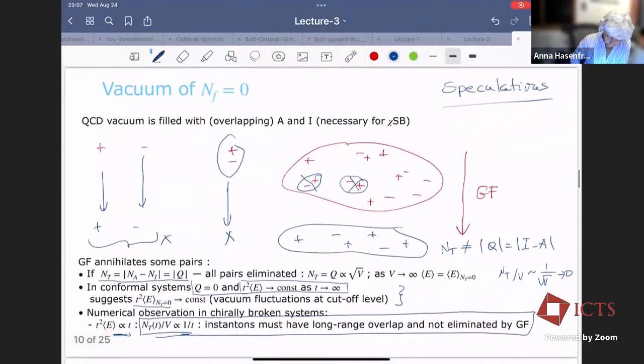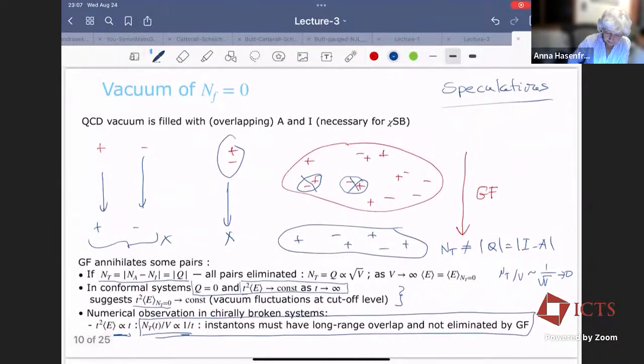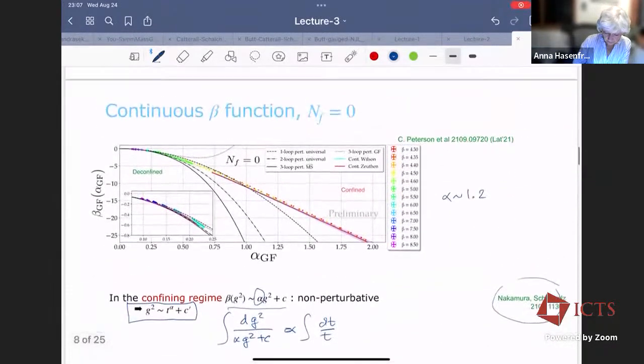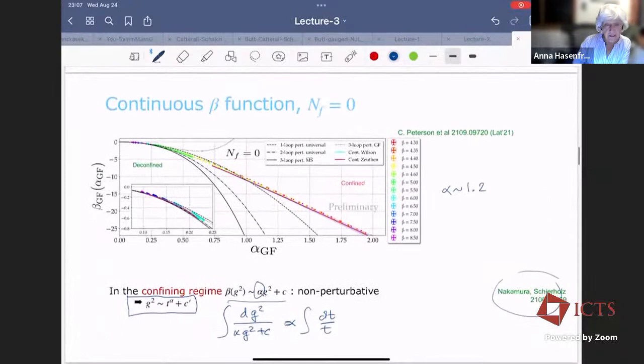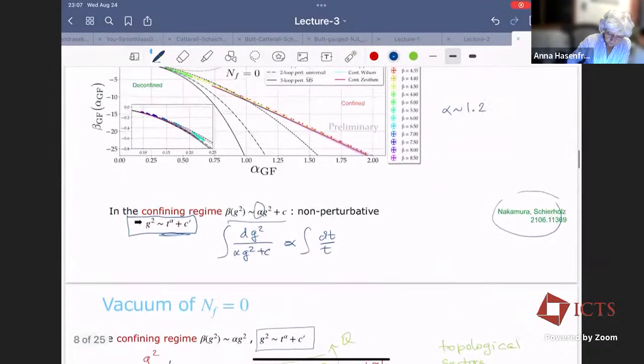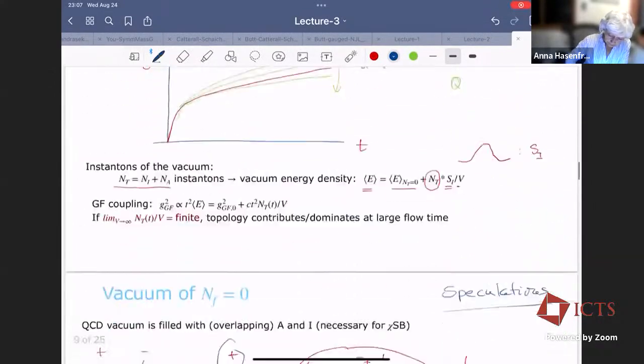so again, this entire discussion comes from the observation that the beta function had a very unexpected, non-perturbative linear behavior that suggested a constant plus a homogeneous term in the flow time. And that was with 0 flavors.